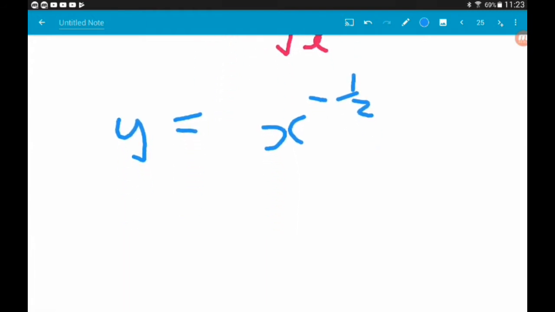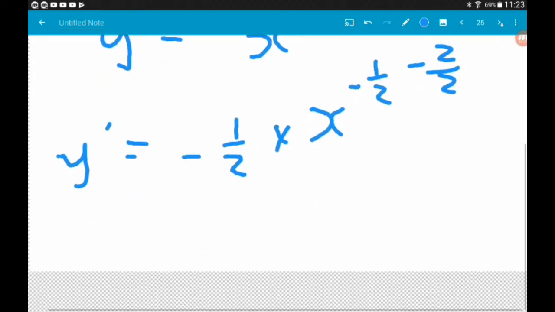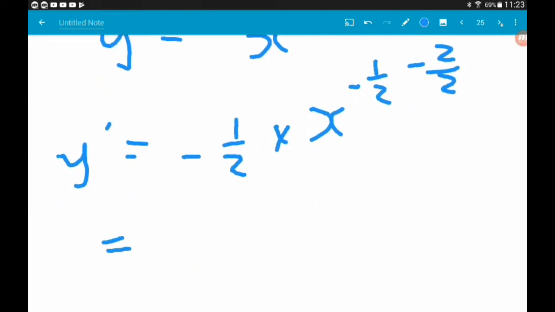So if we differentiate, y dash is minus 1/2 times x to the minus 1/2 minus 1. Now 1 is 2 halves. So we got minus 1/2 minus 2 halves. So this is minus 1/2 times x to the minus 3/2.